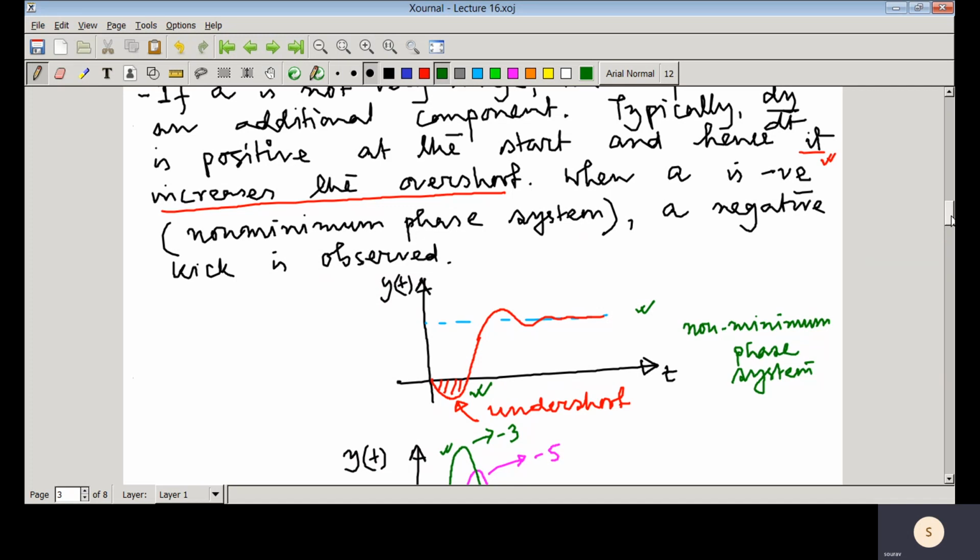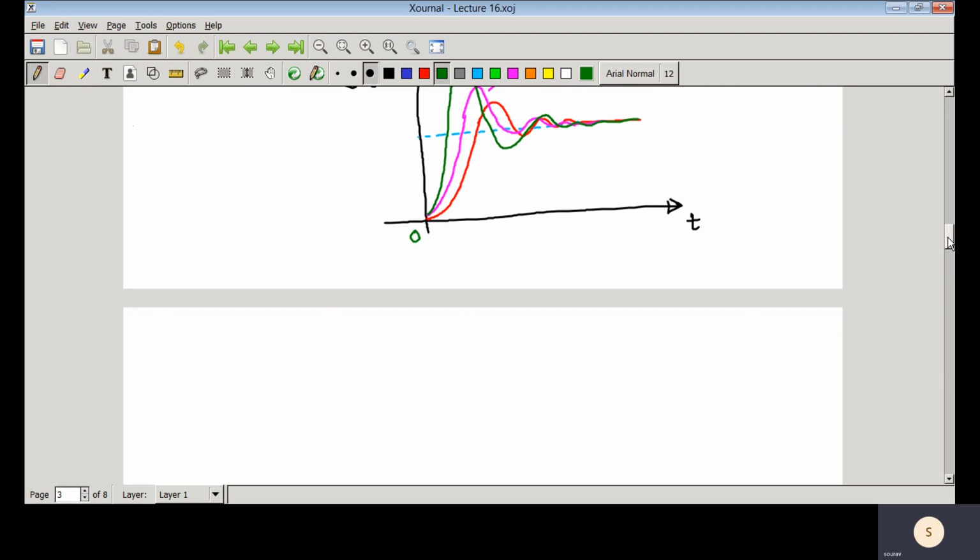So now we will start a topic called steady state error, and we have discussed something in the beginning of this course, but now we will be discussing it in detail. That means whenever you have a closed loop control system and you apply a command input, your objective is to get the output response exactly the same as the command signal that you have applied.